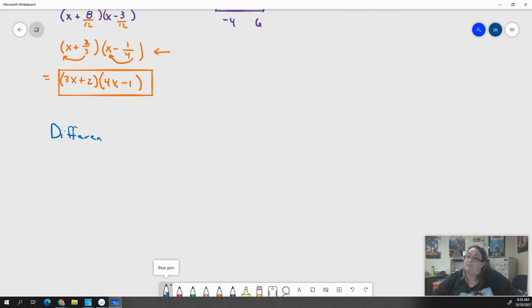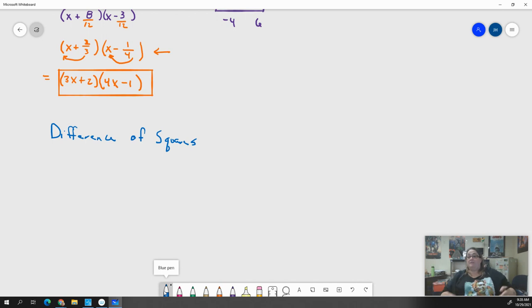Anytime you see the word difference, we're talking about subtraction. There's key words in math sometimes. Difference is always subtraction. Sum is always addition. Product is multiplication. Quotient is division.